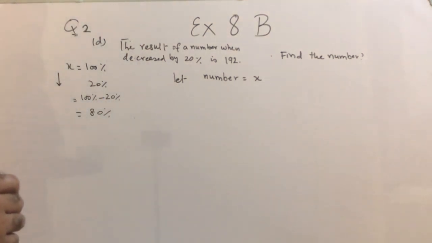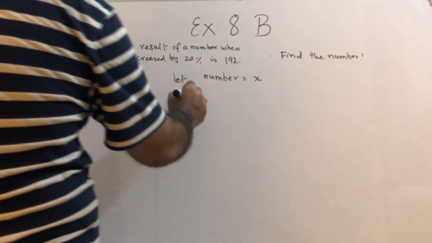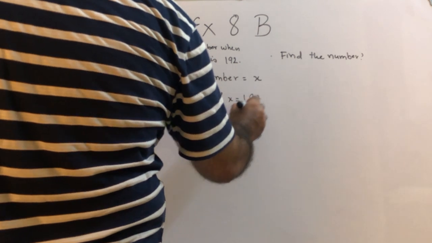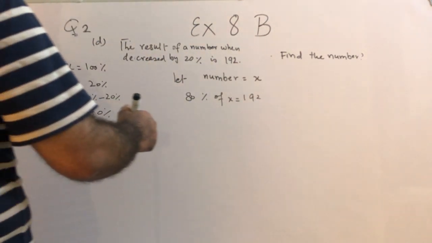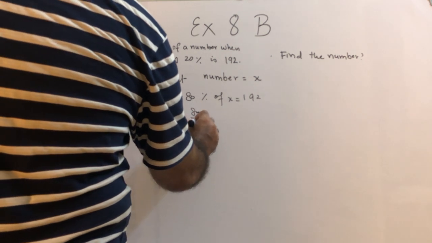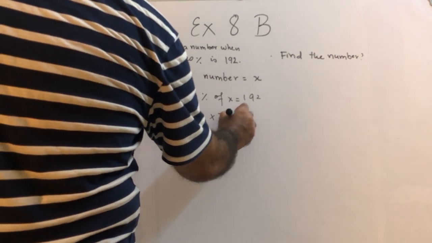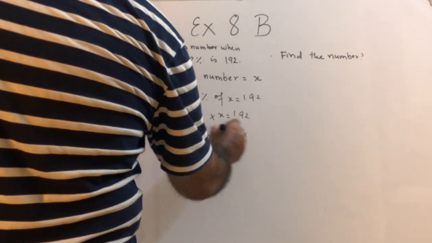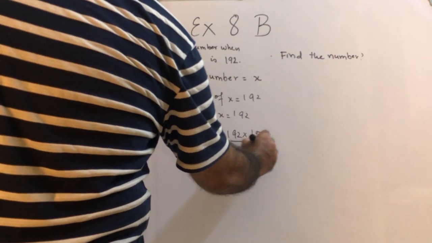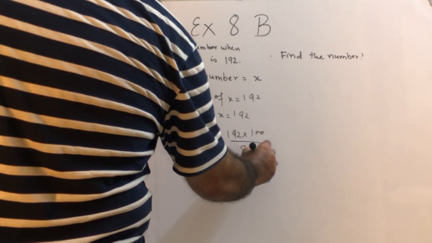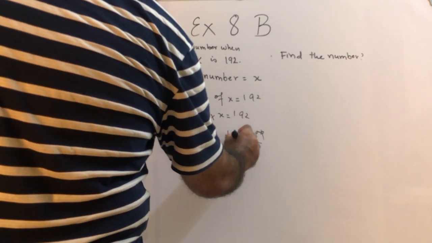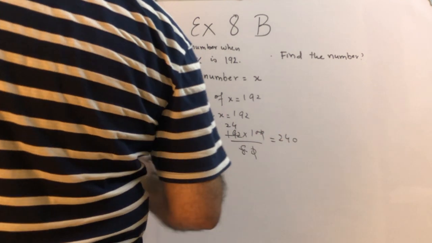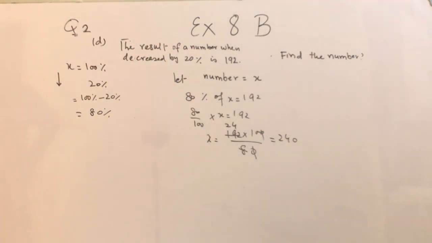So we need to find the 80% of x now. So 80% of x is equal to 192. We have decreased it by 20%. So 80% means divided by 100, of means multiply 192. We need to find the value of x. When this 100 goes to the other side, it will be multiplied. When 80 goes there, it will be divided. We will simplify. 24 into 10, 240. 240 is the answer for this question.